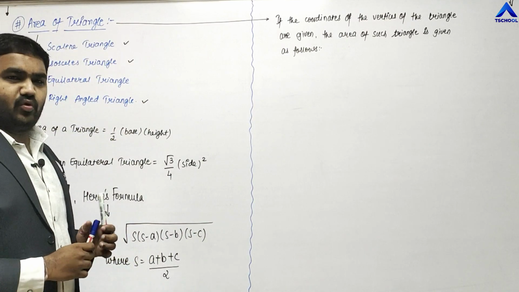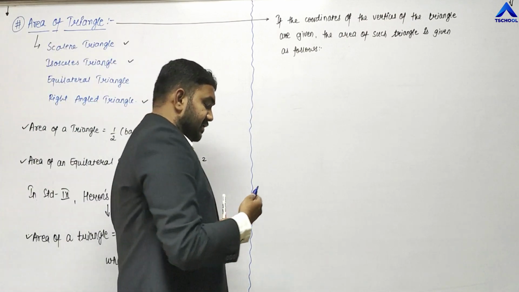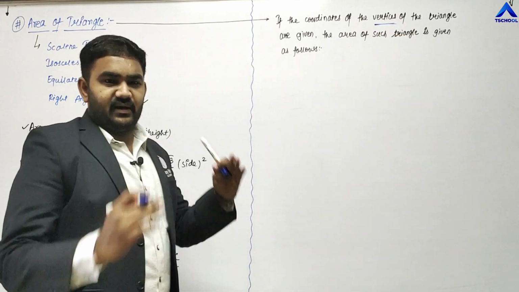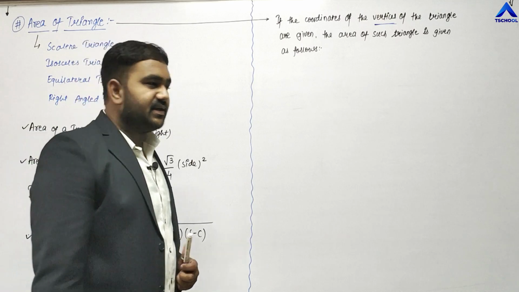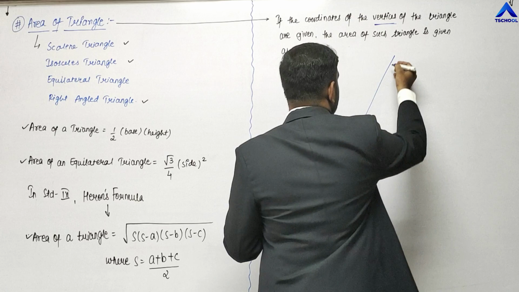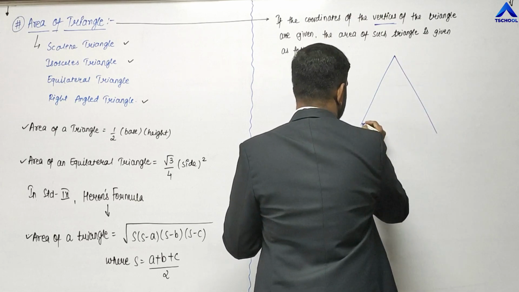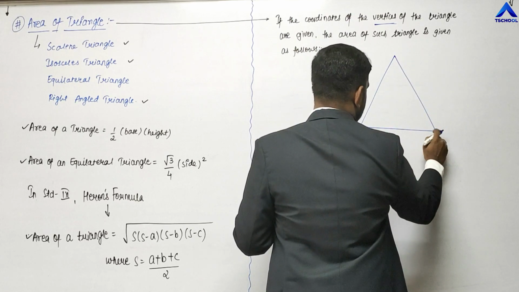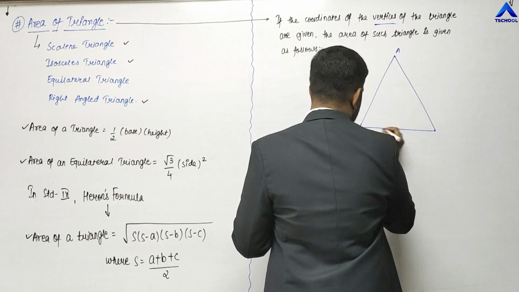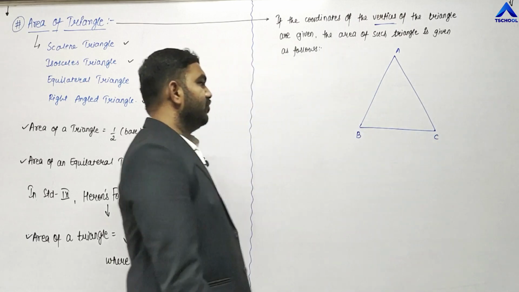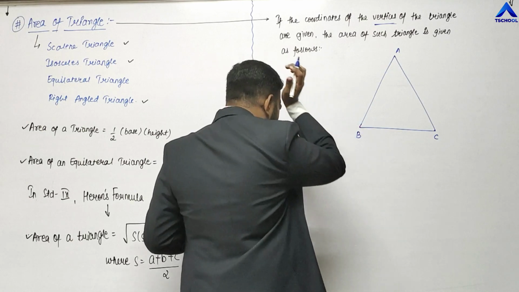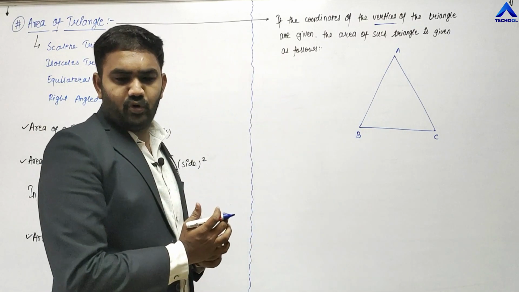So the vertices of the triangle, friends, are those points where any 2 sides of the triangle intersect each other. If I draw any regular triangle here, then A, B and C are known as the vertices of the triangle, and these vertices will have some coordinates.